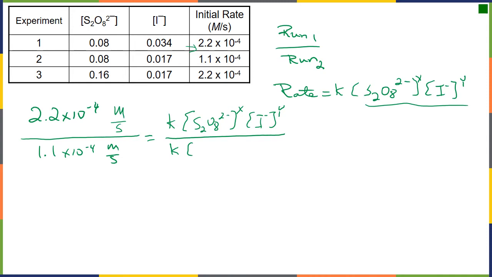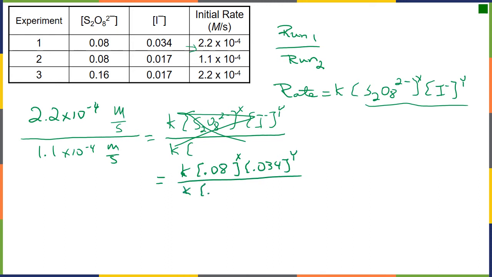So we're going to set this equal to k times 0.08 multiplied by 0.034, and we're going to include our x's and our y's, divided by k times 0.08 to the x times 0.017 to the y. And our other side over here is going to be the 2.2 over the 1.1, and that's just going to go out to 2.